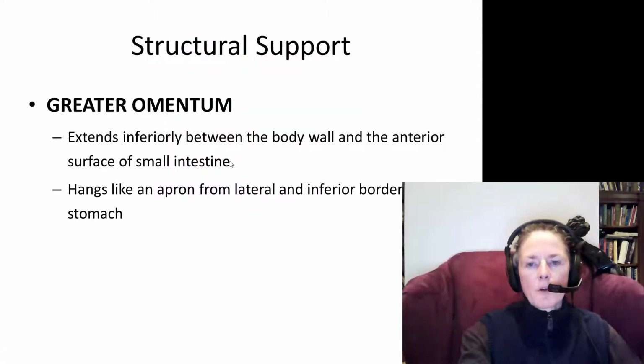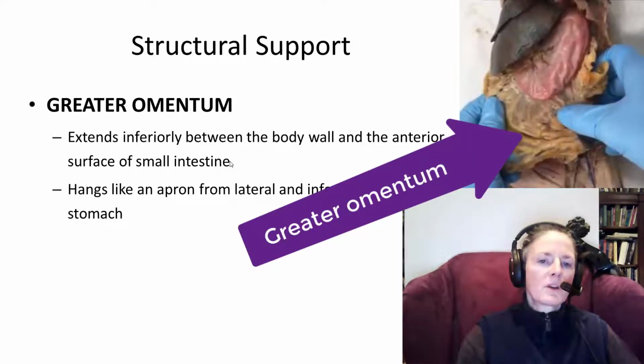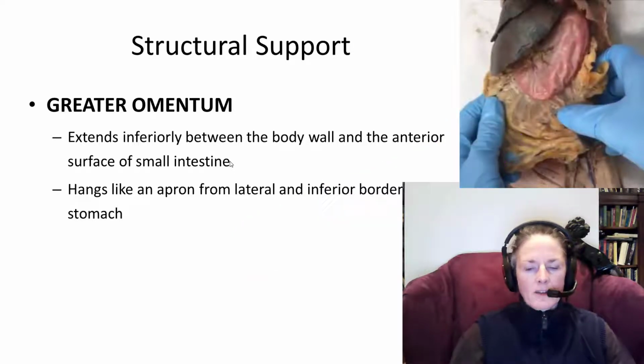All right, so the greater omentum, as we've talked about a little bit earlier, I jumped the gun on the slide, but the greater omentum basically is going to extend inferiorly from this inferior lateral surface of the stomach, and it's going to create this kind of apron that covers the small intestines, and it sort of interdigitates between the folds of the small intestine, and it's called the fatty apron.